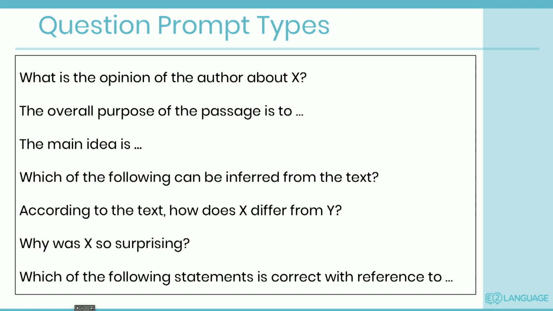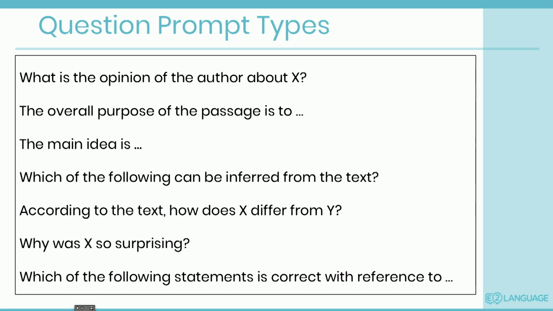What's the main idea? Which of the following can be inferred, an inference from the text? According to the text, how does X differ from Y? Why was X so surprising, which is reading for detail? Or which of the following statements is correct with reference to?